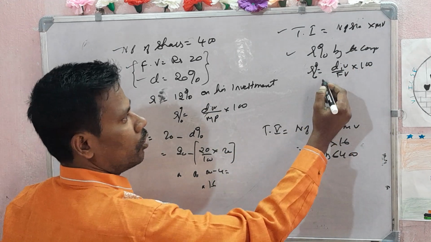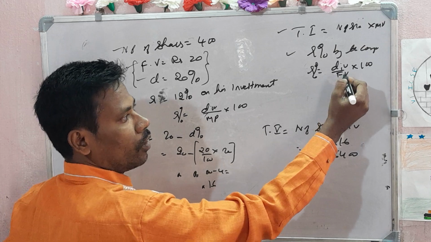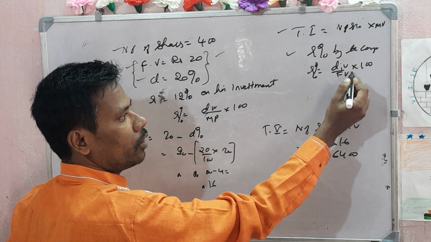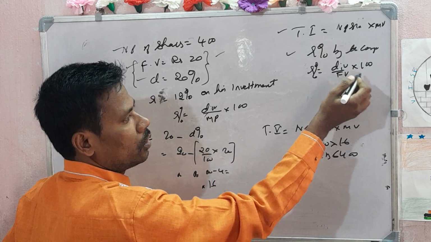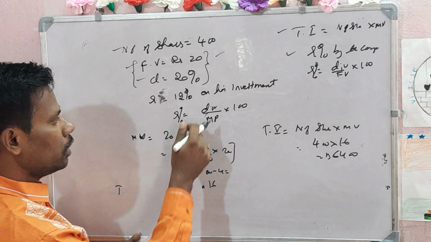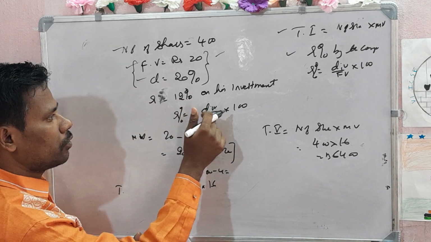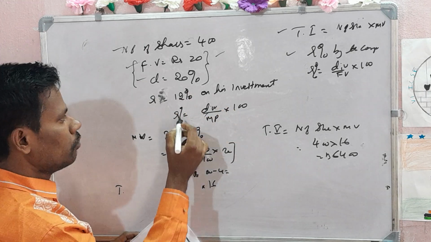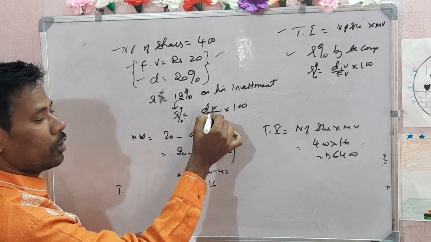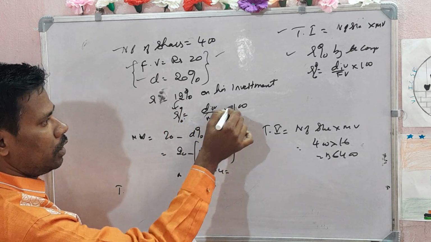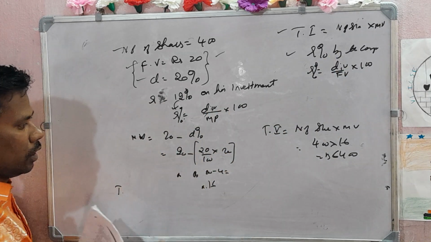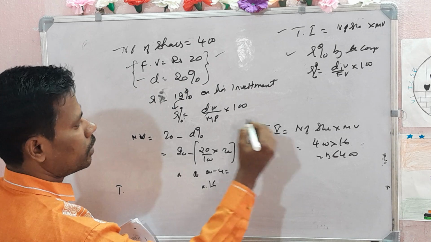We know the face value already, but we don't know the dividend, so we calculate the dividend. Rate percentage is given as 12, dividend we don't know, and market price we know already, 16, into 100. From this calculate the dividend and put it over there. So the first bit is over. Now the second bit.